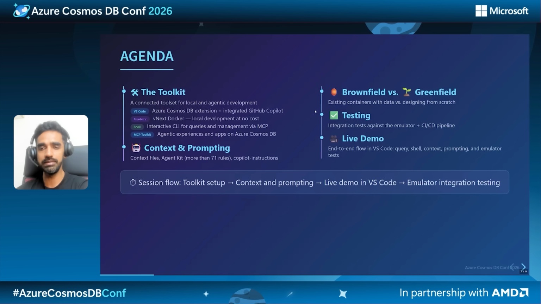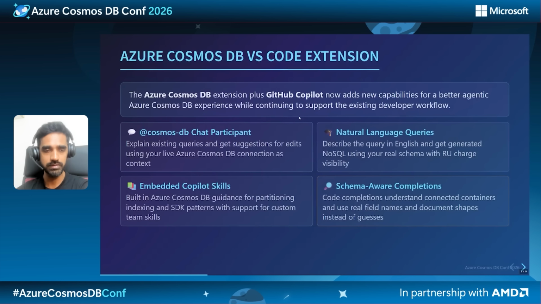We will also look at the brownfield and greenfield approaches, depending on whether you are starting from existing containers or designing from scratch. And we will close with the Cosmos DB emulator integration test, because AI generated output is only useful when it's validated and verified. Most of this session is a live demo using VS Code. So these slides are just to set up the context.